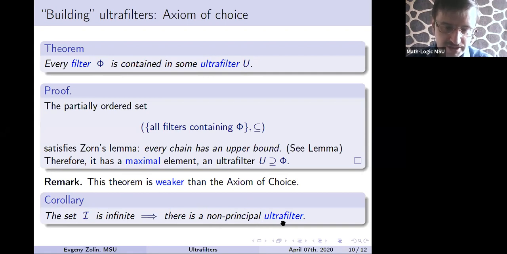Because simply take the intersection of all sets from phi. It contains the intersection of all sets from phi, which is not an element of phi. And this intersection will be even smaller, so it cannot be an element of U.